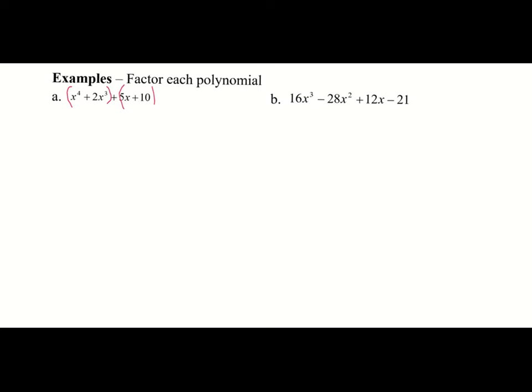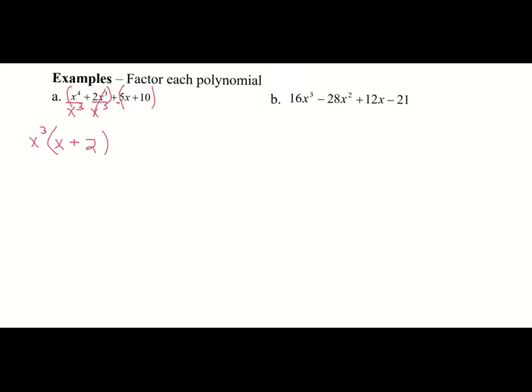Now, if I look at x to the 4th plus 2x cubed, I do have a greatest common factor that I can pull out, and that would be x cubed. Because they both have x's, we take the smallest power. So when I factor that, I end up with x cubed times x plus 2, because the x cubed there makes a 1.